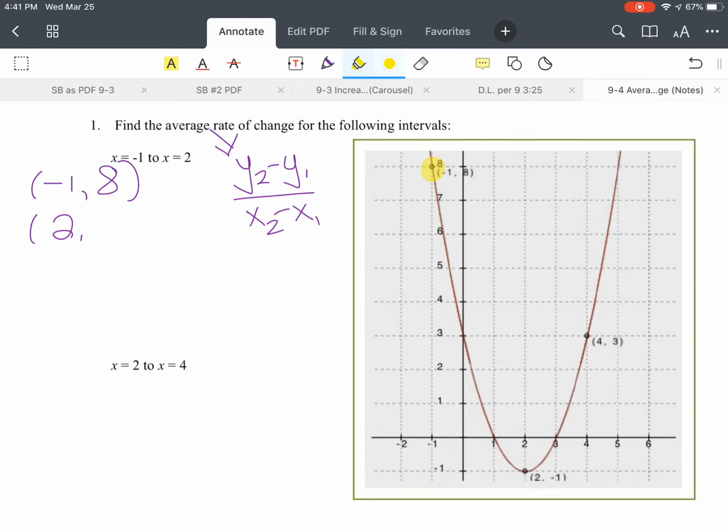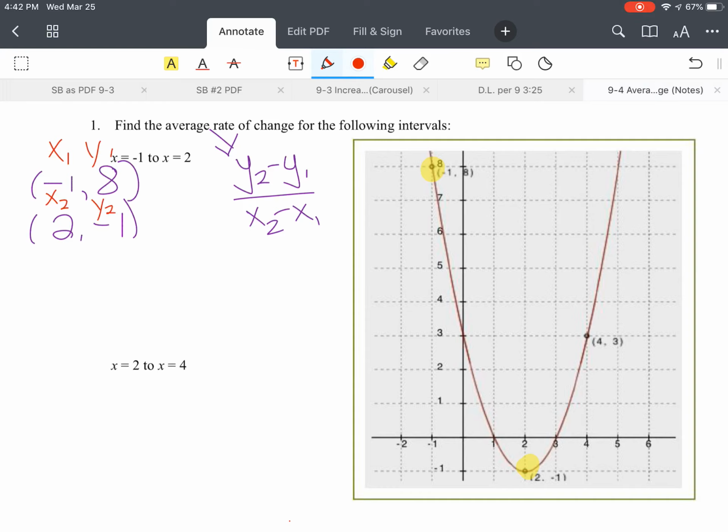Okay, what about when x is 2? When x is 2, the y is -1. So the second ordered pair I need to think about is 2, -1. All right, so now we have our two ordered pairs. Maybe we should label them: x1, y1, x2, y2.